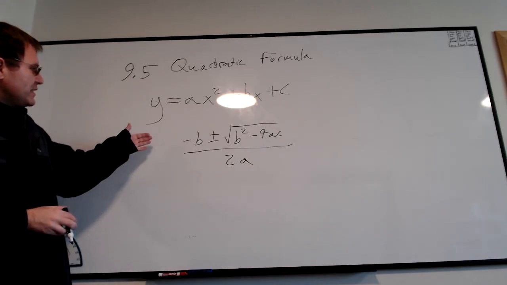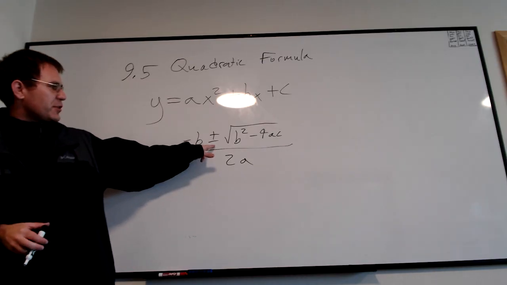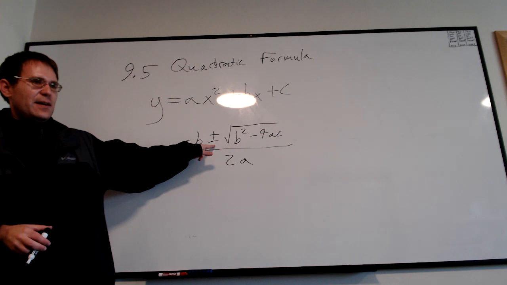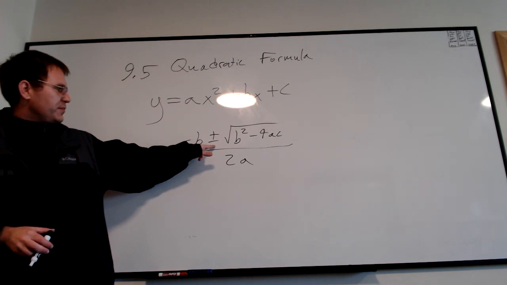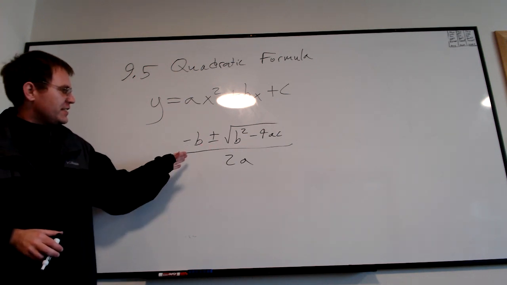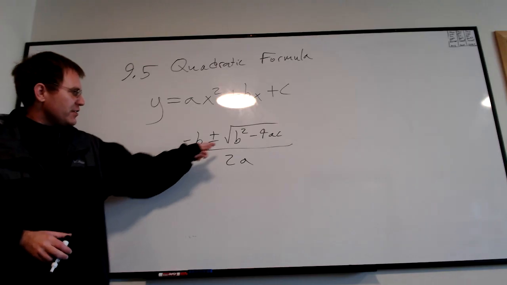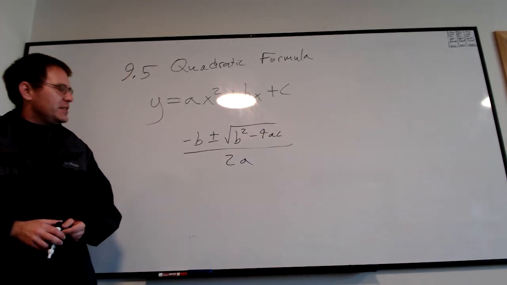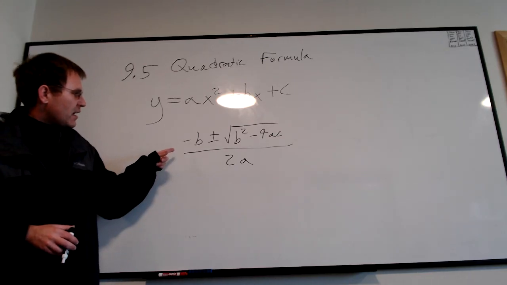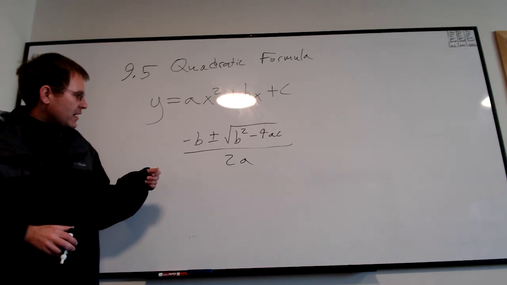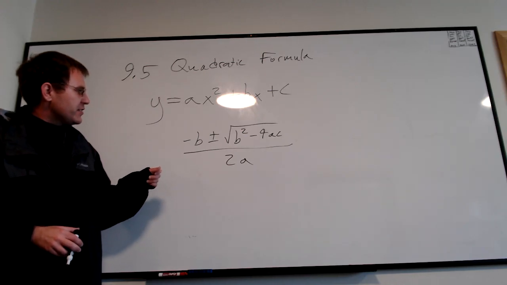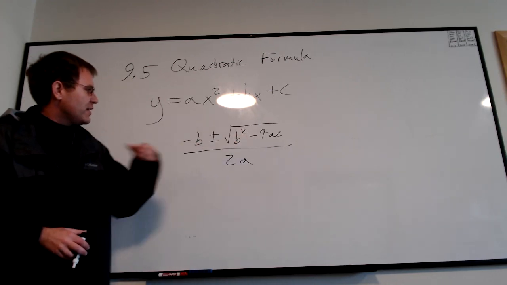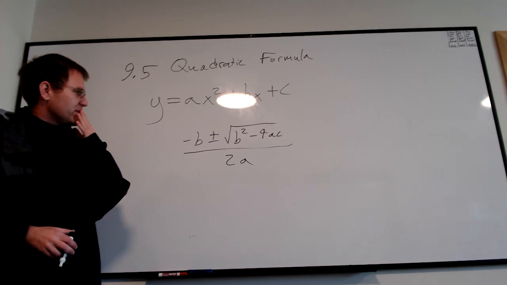The reason it's plus or minus is because we're normally looking for two x-intercepts, so two values. But again, there are situations where you'll get no real value, say when this here is negative, so you can't have a negative square root. Otherwise, if this equals 0, then you'll just have one solution.